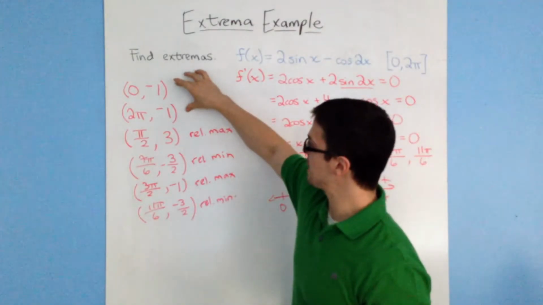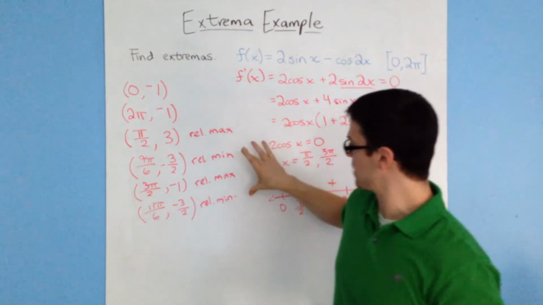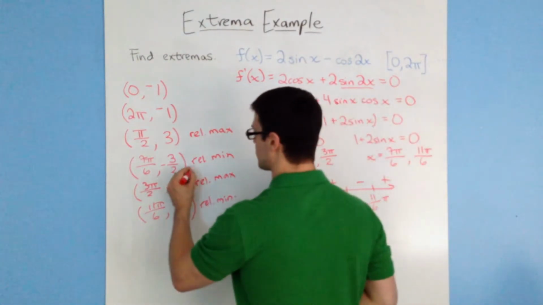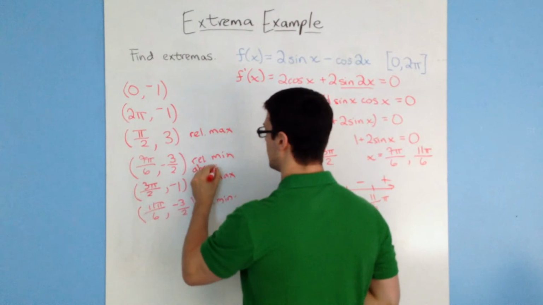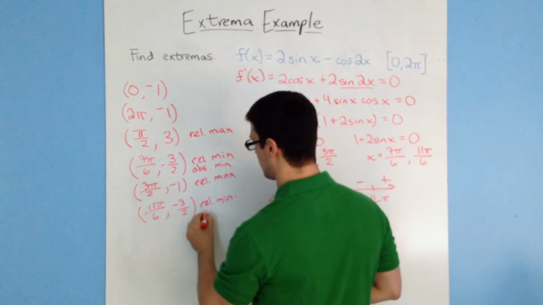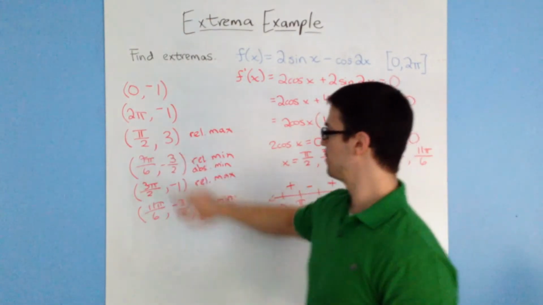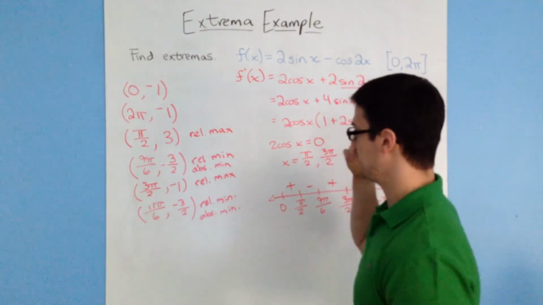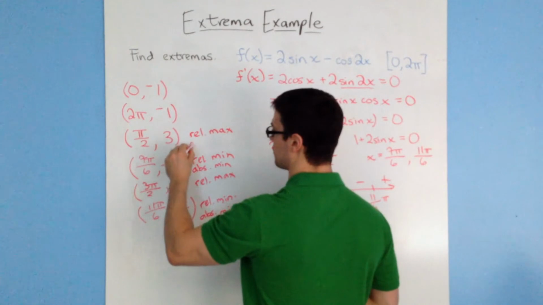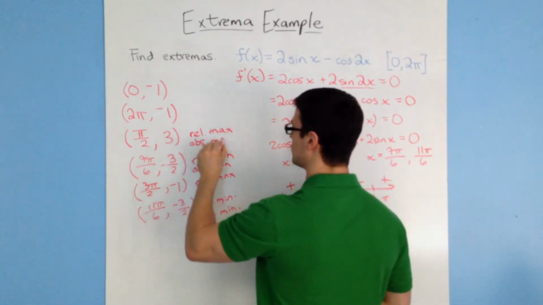Okay, so these two negative ones are not going to be the absolute mins because we have two smaller mins right here. So this would be an absolute min, as well as this would be an absolute min, because they're both negative 3 over 2. Now the biggest max we have here would be the 3, so then this would be your absolute max.